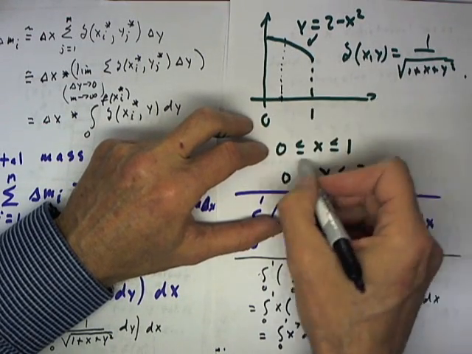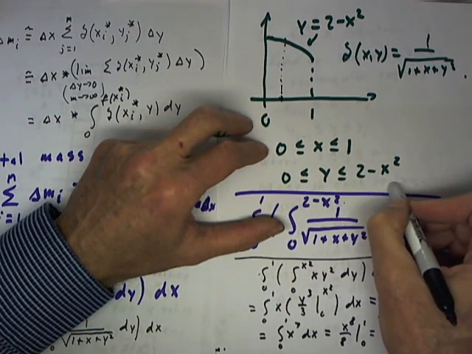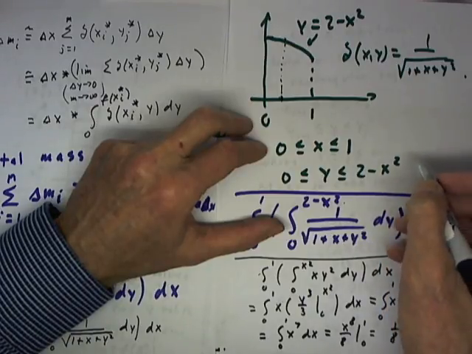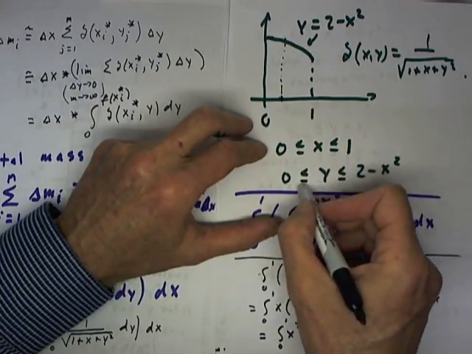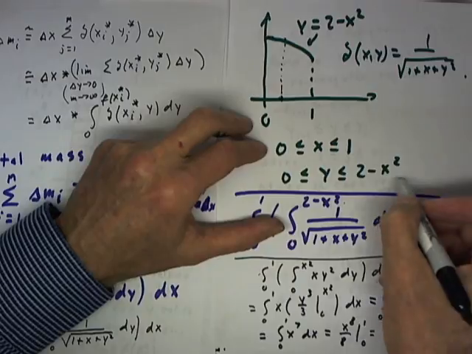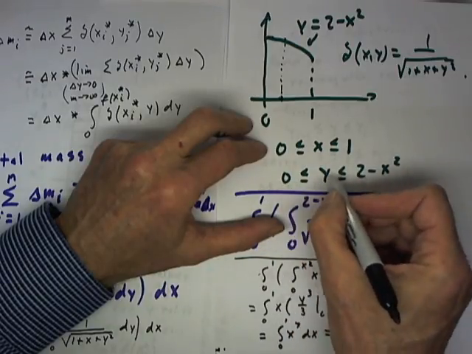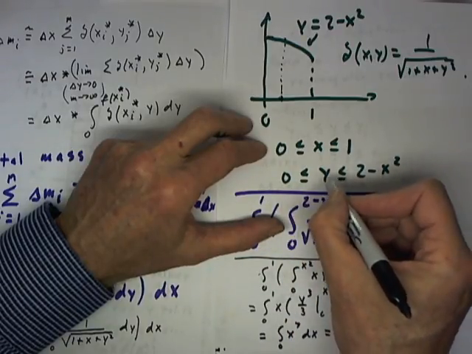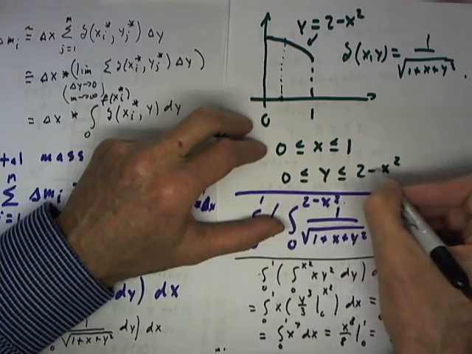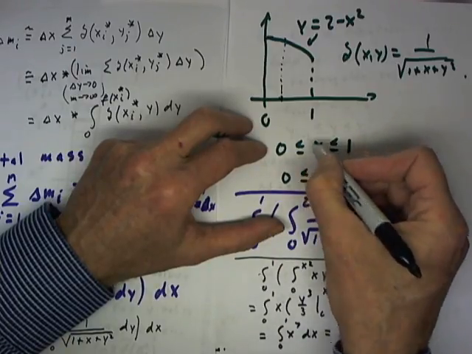Okay, this region again was described in terms of these inequalities. In general, our regions will be describable in terms of inequalities, and we want to make sure that our inequality for one of our variables is expressed in terms of the other variable.